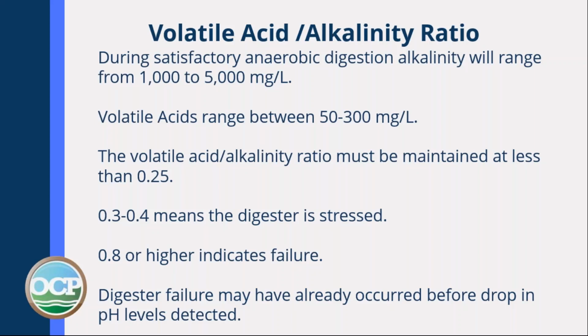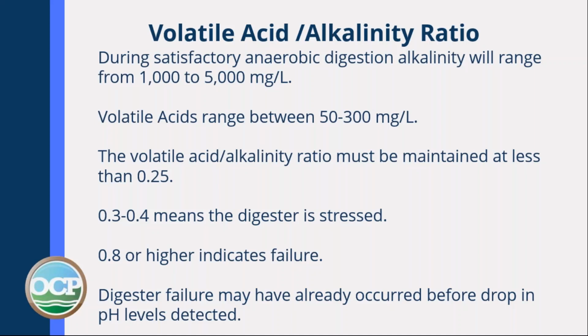If you're in the 0.3 to 0.4 range, that means the digester is stressed. It's having a hard time doing what it's supposed to do. If this ratio is 0.8 or higher, it indicates failure. You've got a septic condition in your reactor, 30 to 60 days to turn it around.